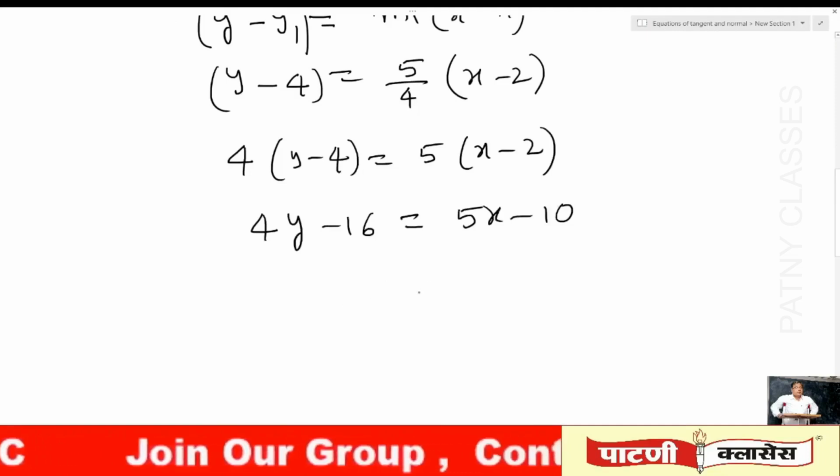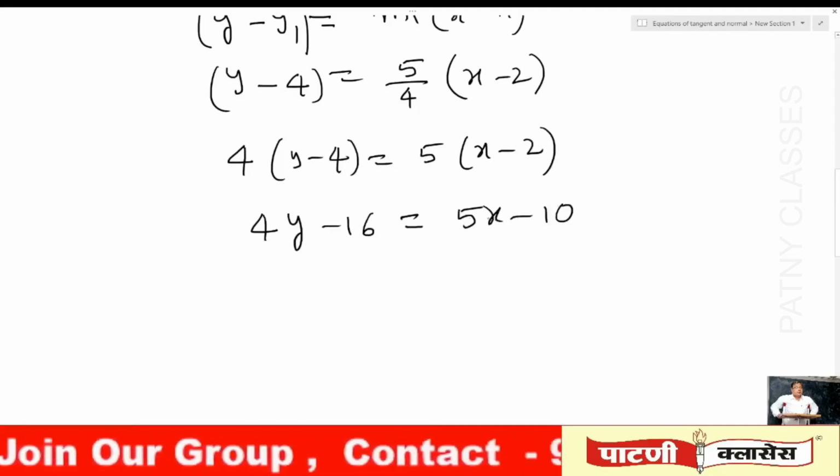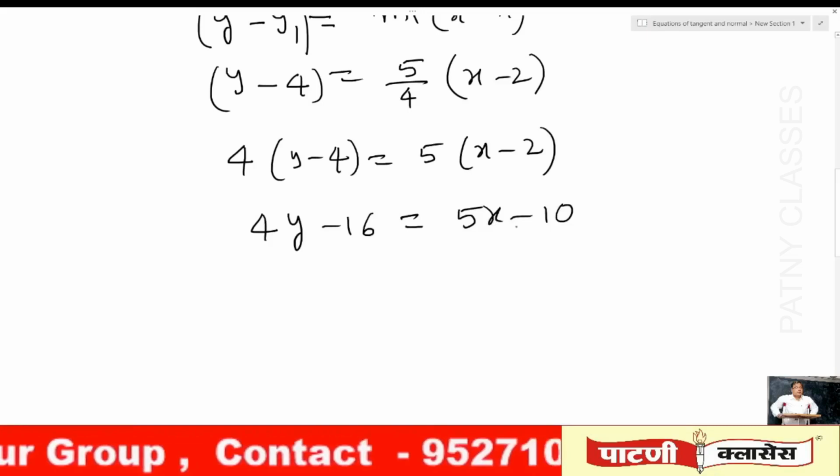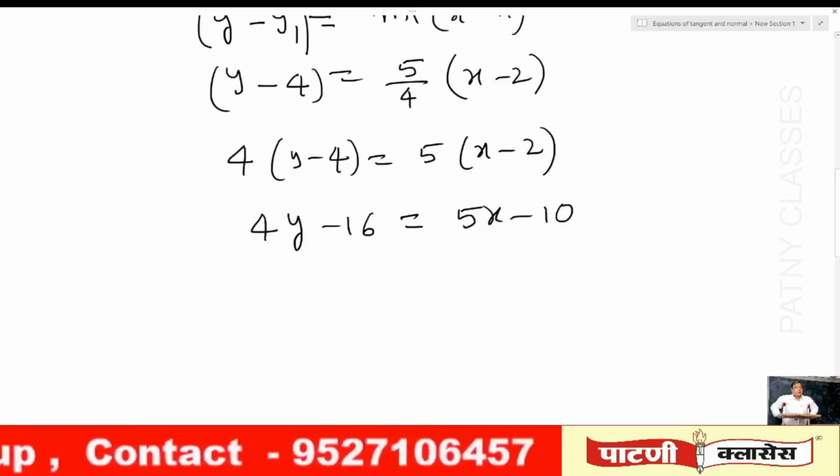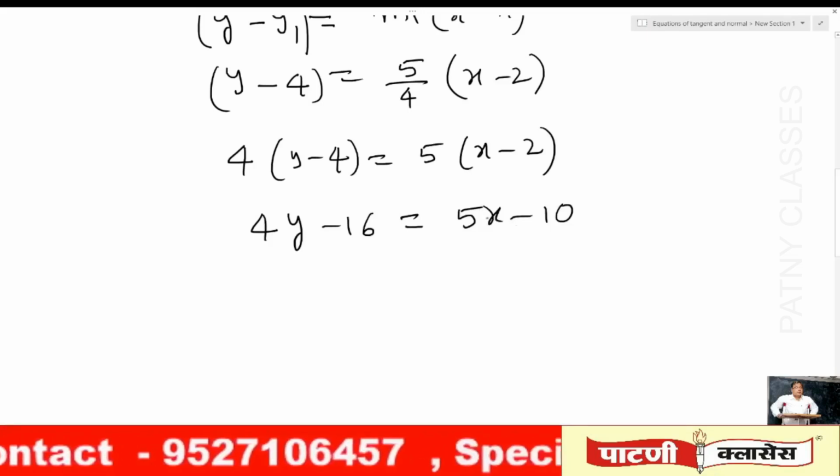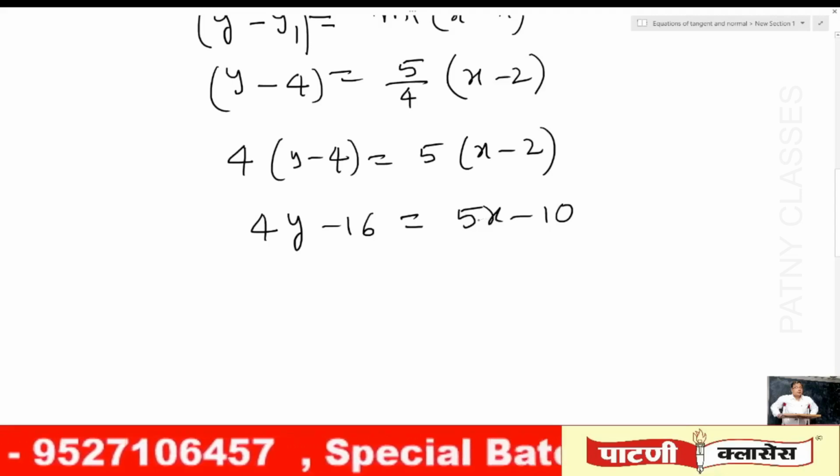Now take the y term to the other side so that the x term becomes positive. Generally it is our habit to keep the x term positive; it is nothing like y has to be positive or x has to be positive.